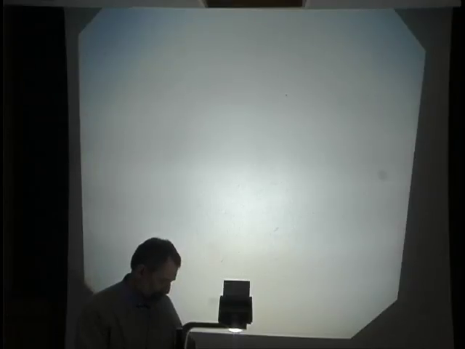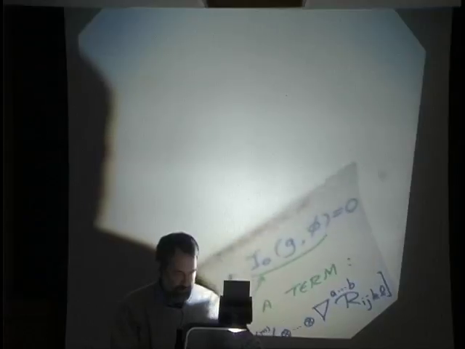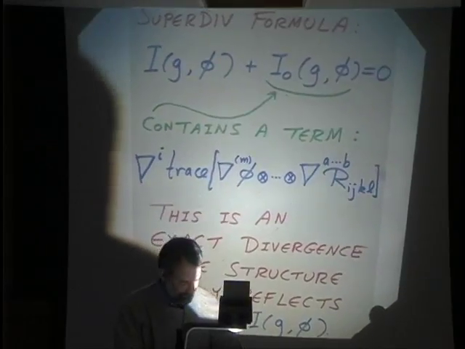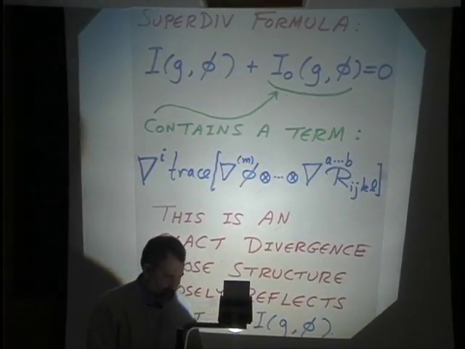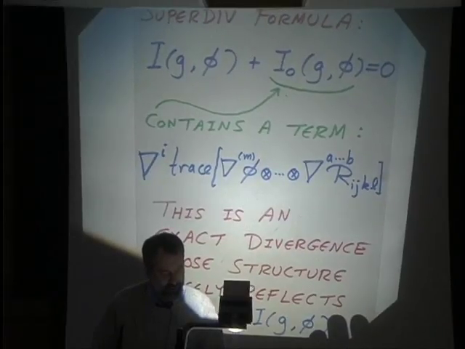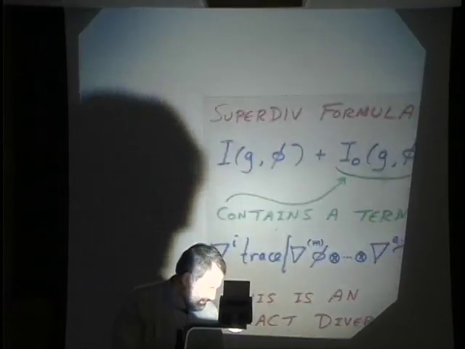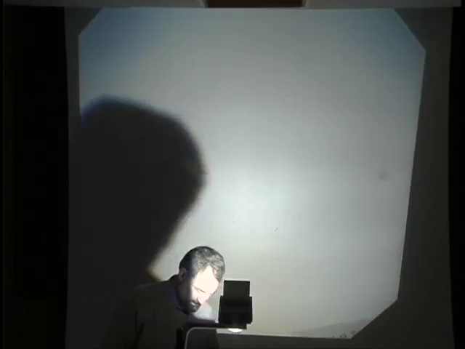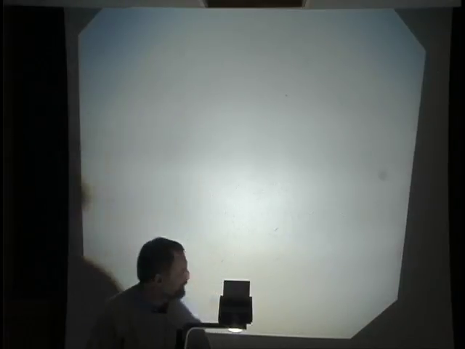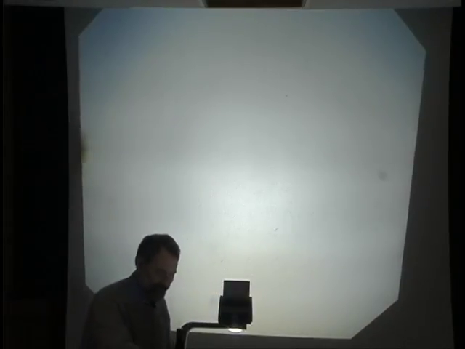Whoa. All right. So there's the superdivergence formula. What has just happened? Oh dear. Can we get rid of that, and can we have some lights? Because I see that my last few slides have somehow disappeared.